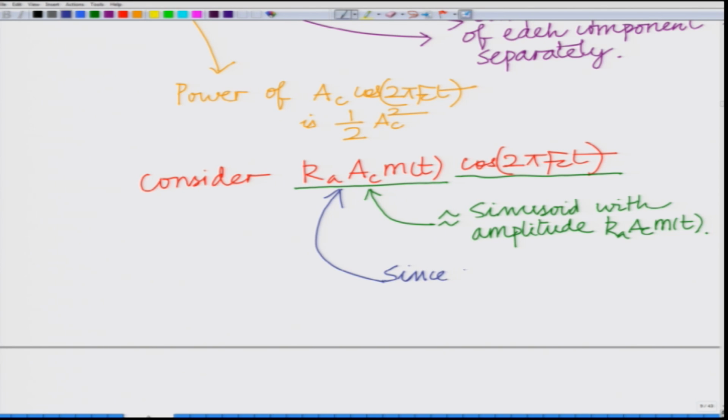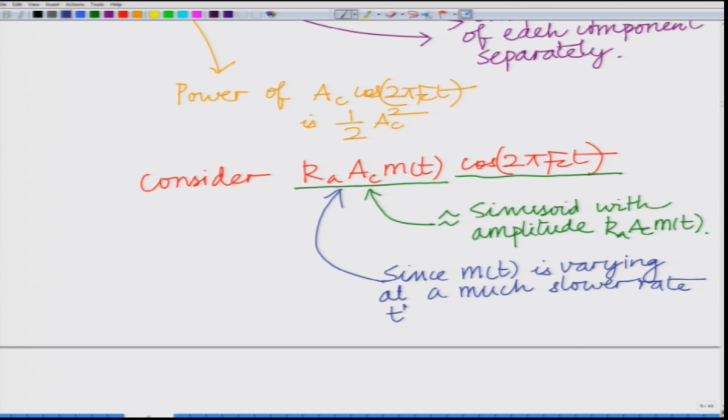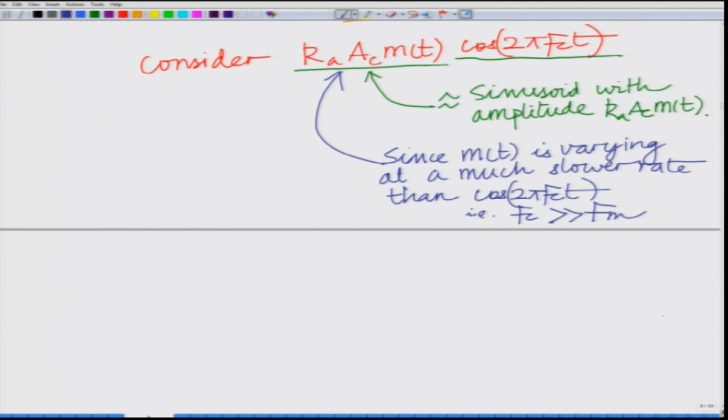This approximation is valid since m(t) is varying at a much lower rate than cosine 2 pi f_c t, that is f_c is much greater than f_m. The carrier frequency is much greater than the message frequency.